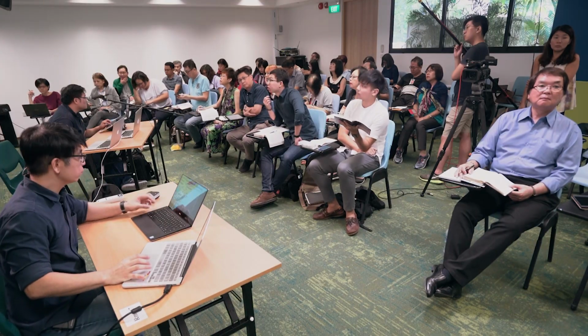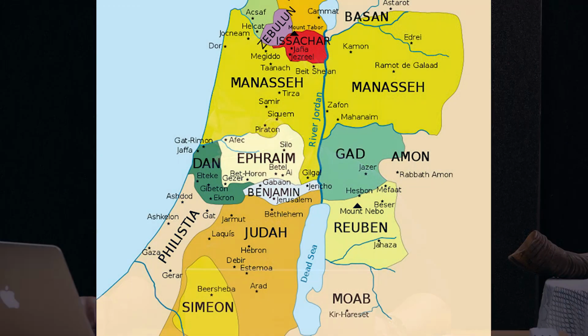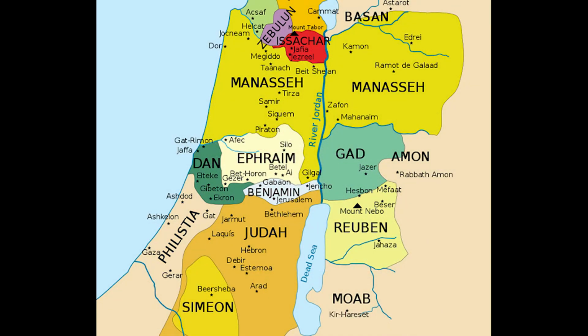And Moses allocates this newly conquered land to Reuben, to Gad, and the northern parts to the half tribe of Manasseh. Those of you listening on the podcast won't see the map, but you might want to download this. It's just a map I downloaded off the internet. Look at the allocation of land on this side of the Jordan. You see Reuben, you have Gad, and Manasseh, a very big tribe there.